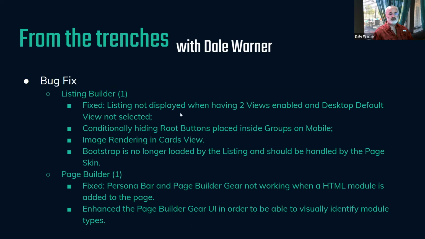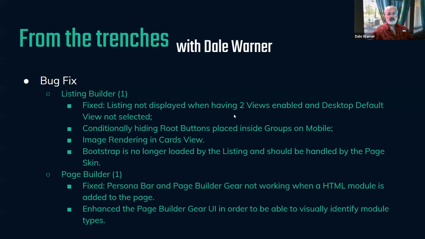There was an intermediate release in this version that had an issue where when you have 2 views in a listing, for example, a card view and a listing view or a data table view, if you had both of those enabled, you couldn't get to one; it was broken.